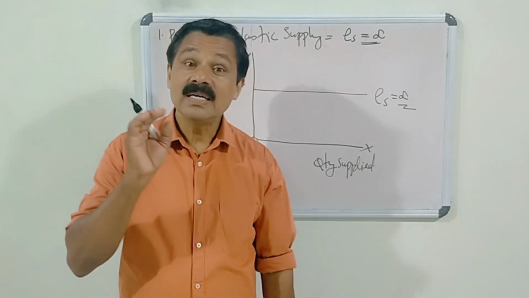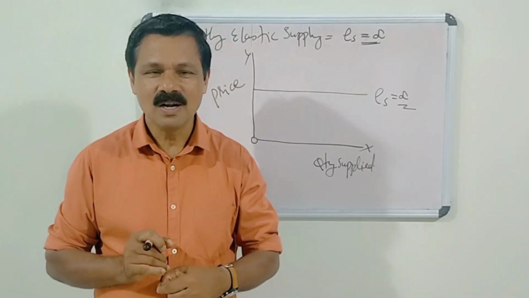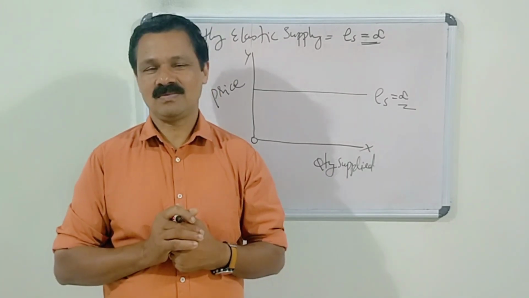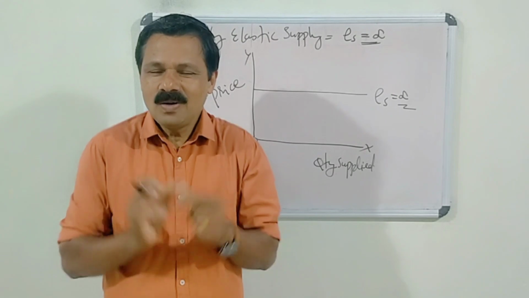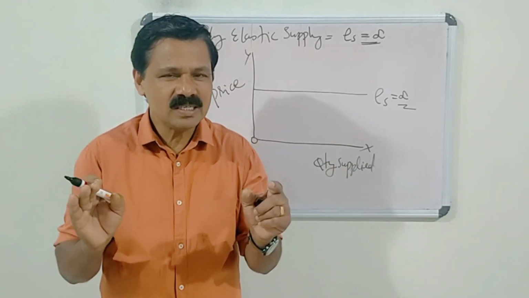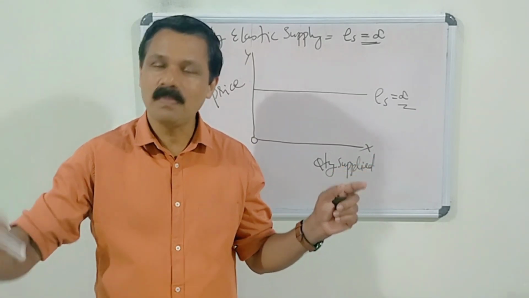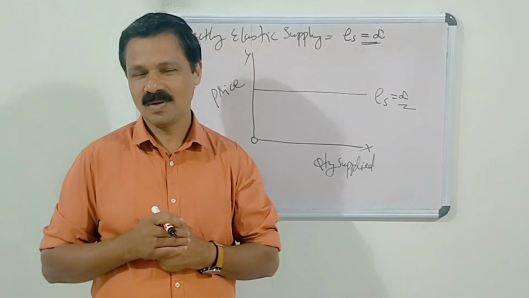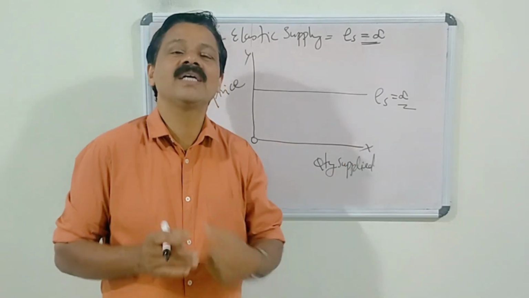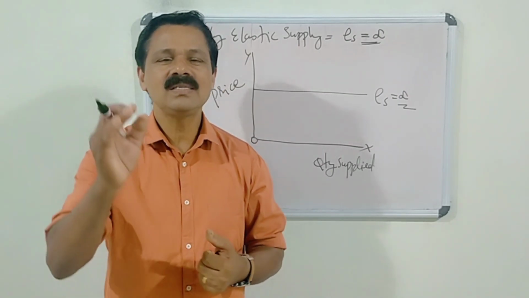Here the supply curve has been drawn quite vertically along the y-axis. No elasticity can be seen, no changes in the quantity supplied by the sellers. That technical concept can also be explained with the help of a diagram. Just see the diagram.